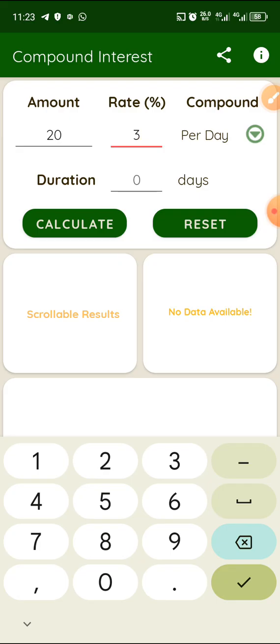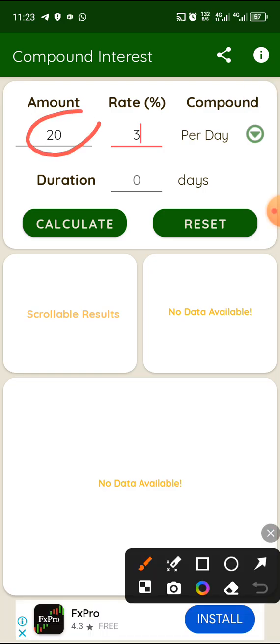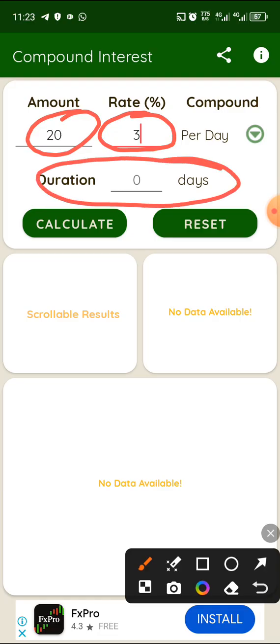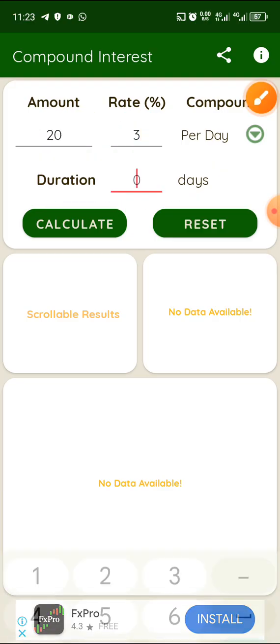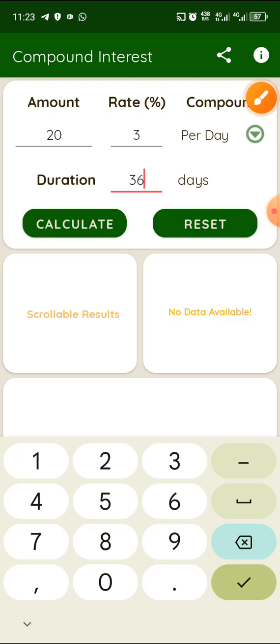Like, you started with $20 as your trading capital, and your trades are 3%, and on duration, let's put there 365 days, and that is a year, right?